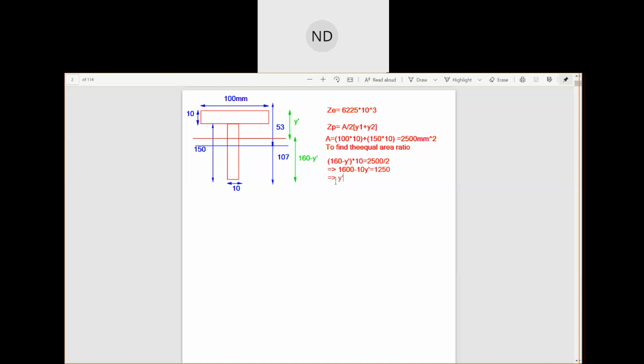Y dash is equal to 35. So this one is 35, and similarly with respect to this, you will get this value, 160 minus 35.